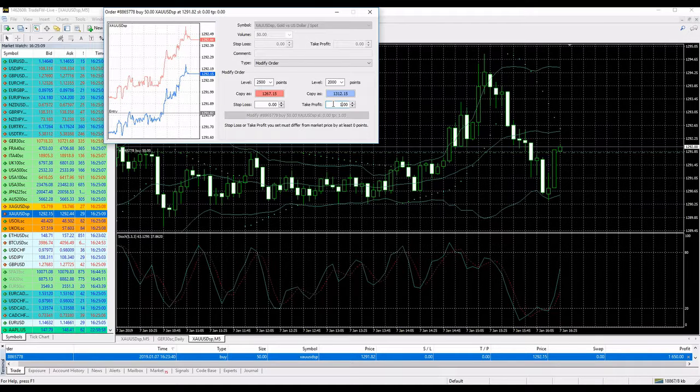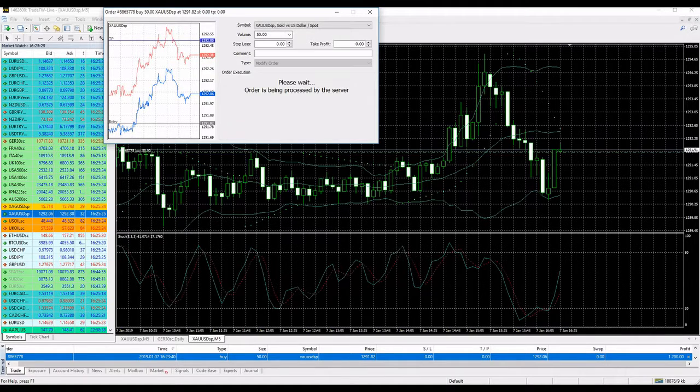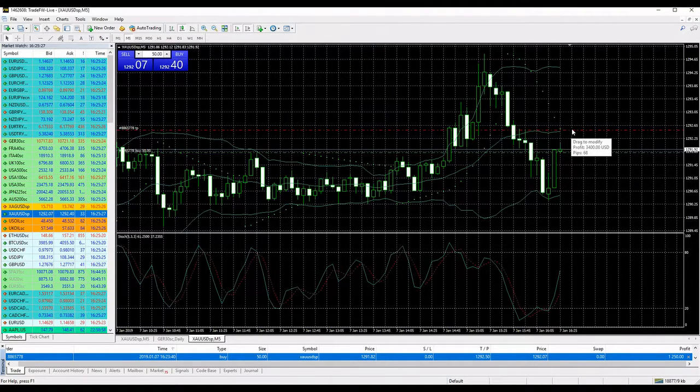Let's put a take profit. $2,000. Our take profit is at 1,292.50. There we go. With this take profit, we are aiming for $3,400. Currently, we are making $1,200 on this trade. Yes, I will keep this position.